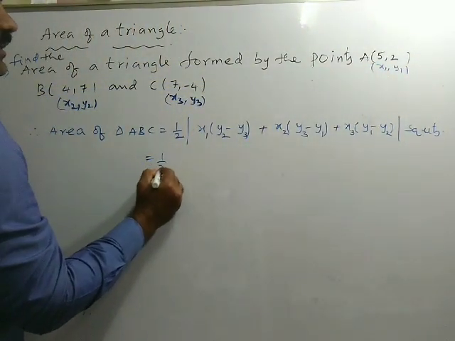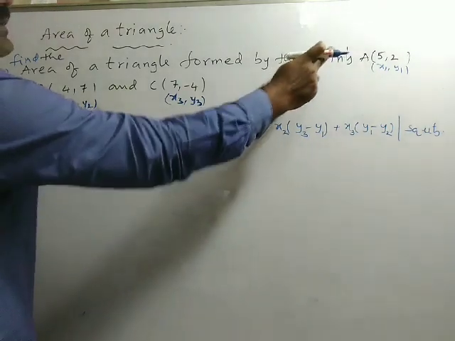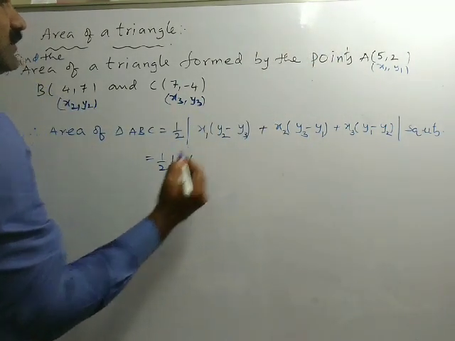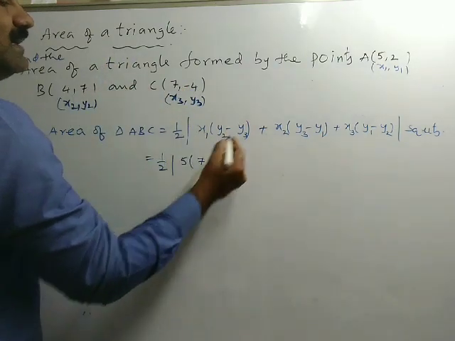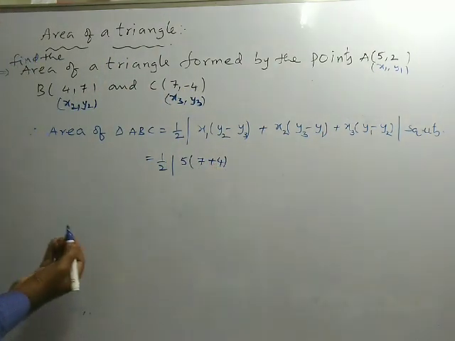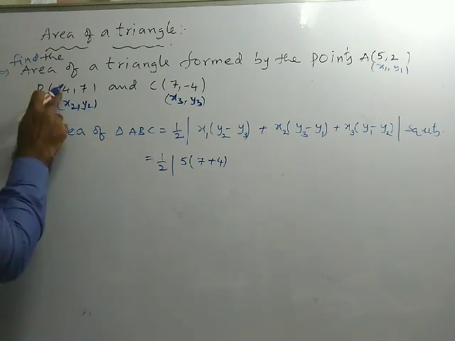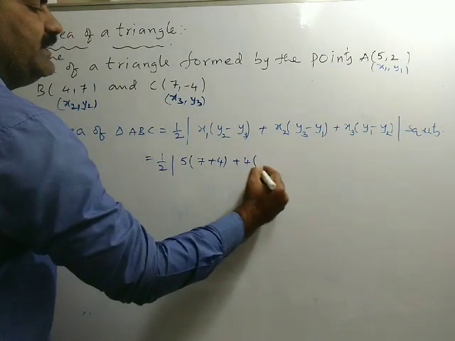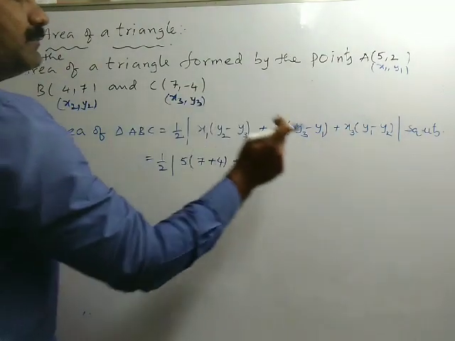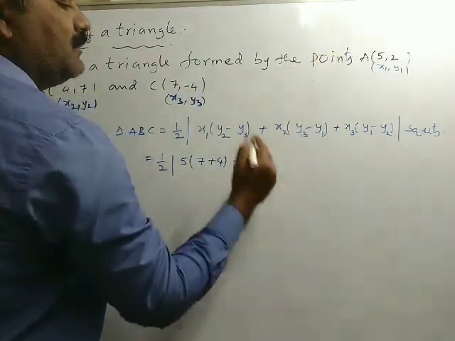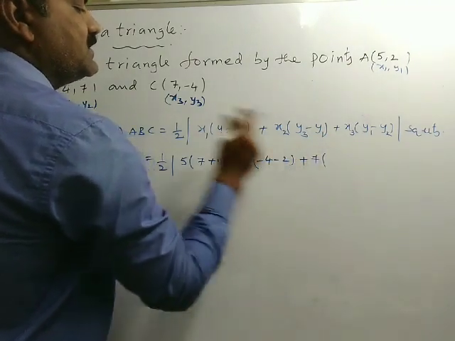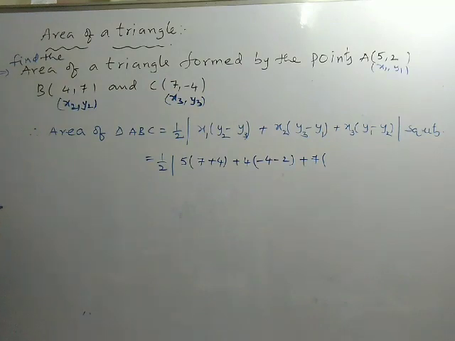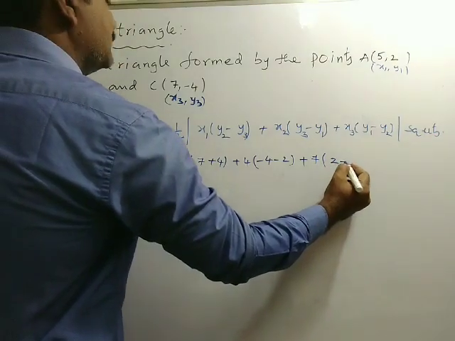So coming to the formula, half modulus of x1 value is 5 into (y2 minus y3), 7 minus minus 4, which is plus 4, plus x2, that is 4, into (y3 minus y1), minus 4 minus 2, plus x3 value is 7 into (y1 minus y2), so 2 minus 7.